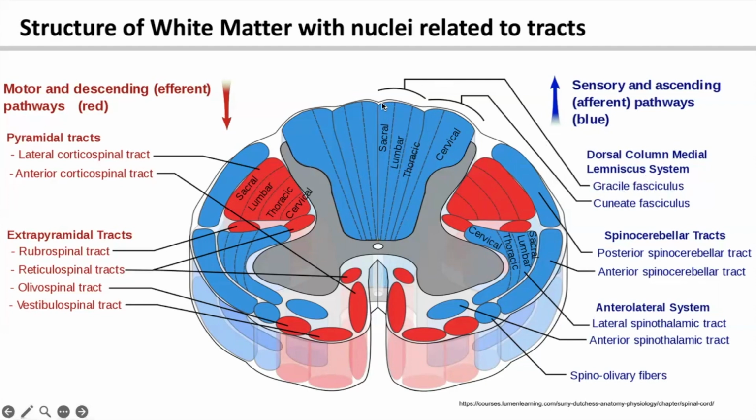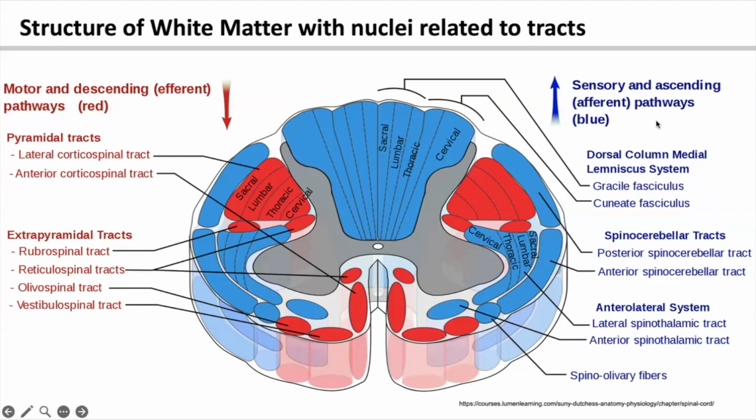This part is on the medial side of the spinal cord, and the cuneate funiculus is on the lateral side in here. Similar to the lateral spinothalamic tract, this is divided as well, just in the opposite direction. Sacral regions information comes in here, then lumbar, thoracic, and cervical.